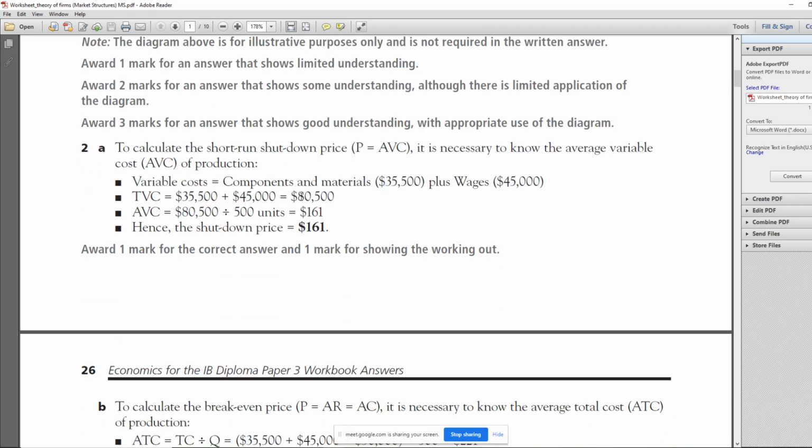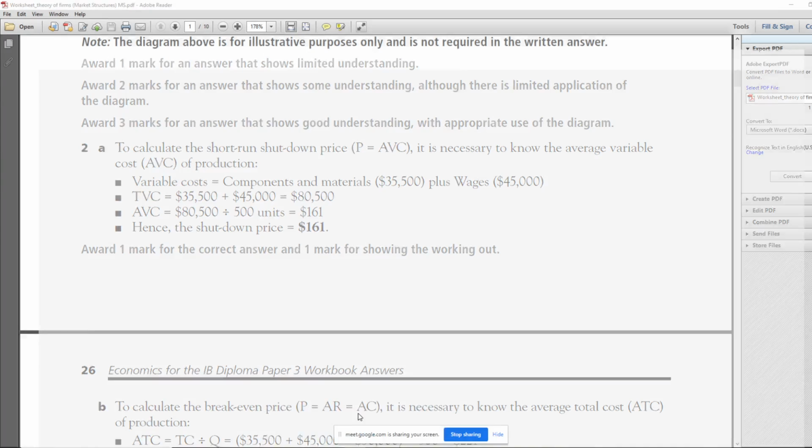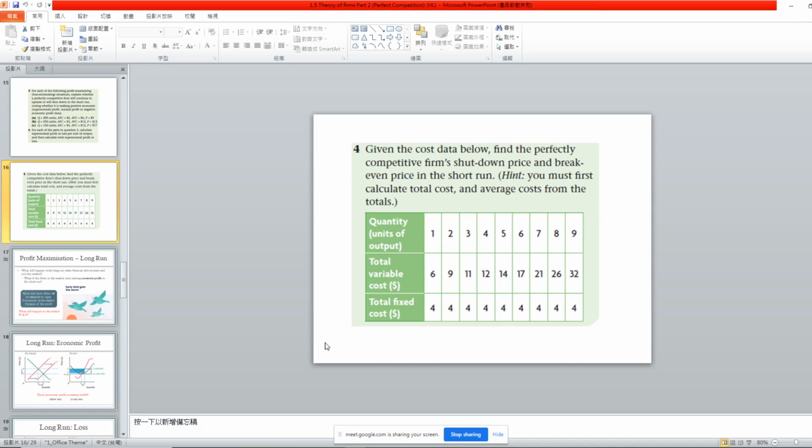The question is not that clear, and I don't mind if you felt confused when doing it. If you remember the question we did during the class, that one is more clear, because you have to find the minimum average variable cost from different outputs in order to know at which output we actually have the minimum average variable cost.